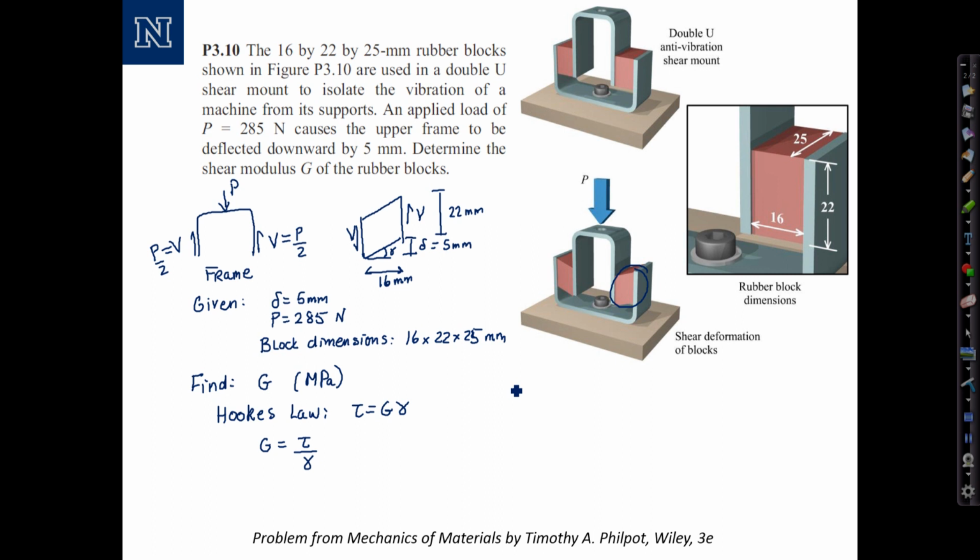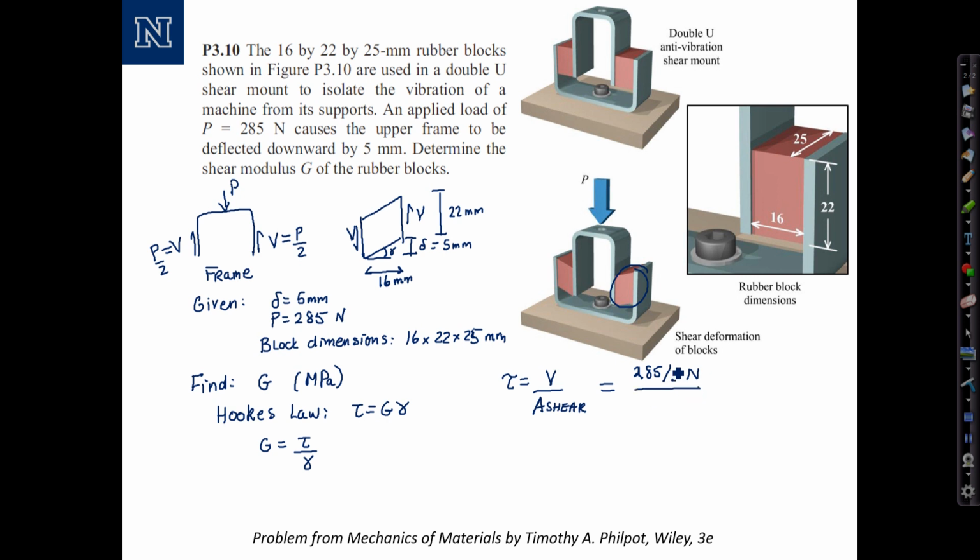Let's start with the stress. Shear stress is equal to the shear force divided by the shear area. We already noted that the shear force was equal to P over 2, or 285 divided by 2 newtons.